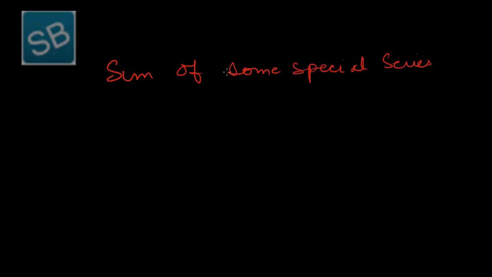Now as we have done the sum of series, that is AP series and GP series, where we learned how we can find the sum of n terms that involve GP and AP series. Now we will discuss the sum of some special series.